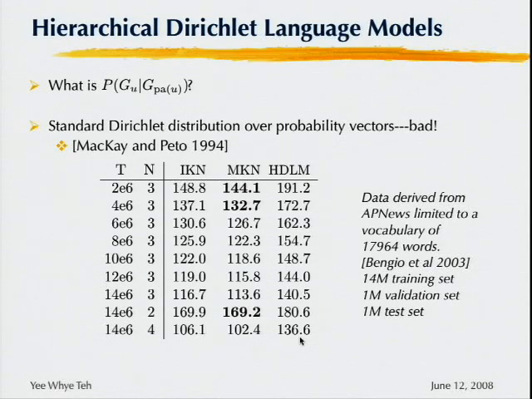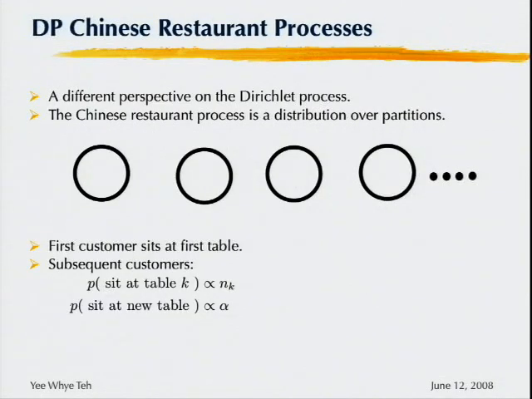And it turns out that the problem here is that the Dirichlet distribution does not produce power law behavior, which fits in with languages very well. Okay, and we'll be extending the Dirichlet process to Pitman-Yor processes.